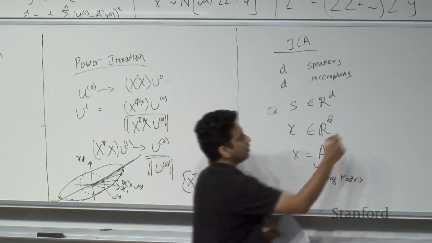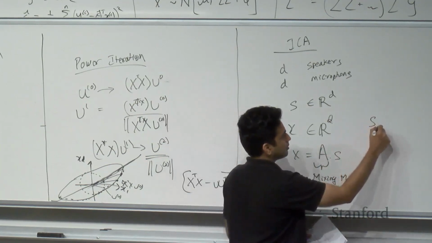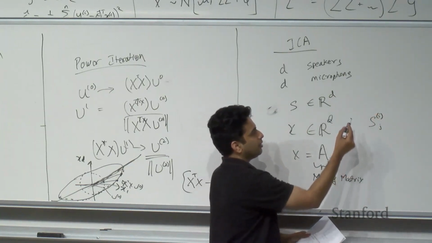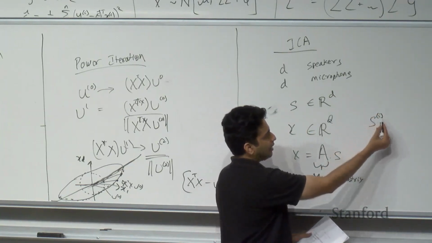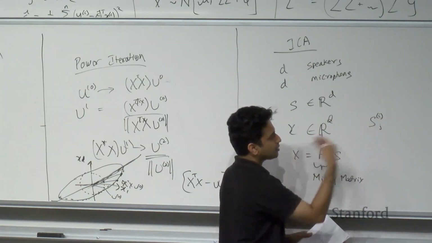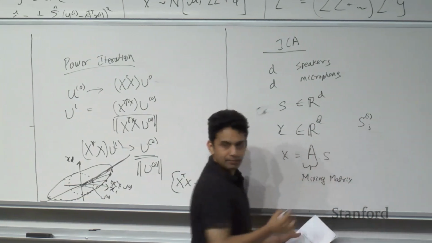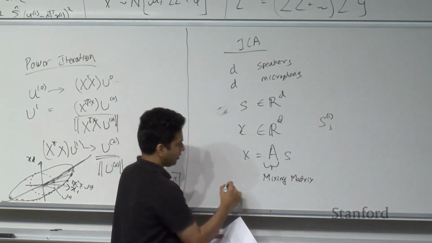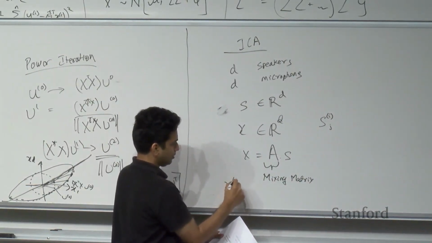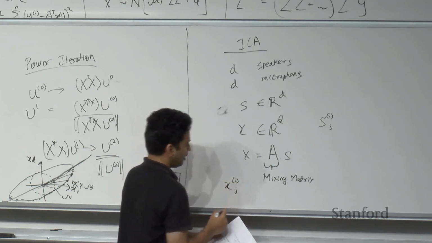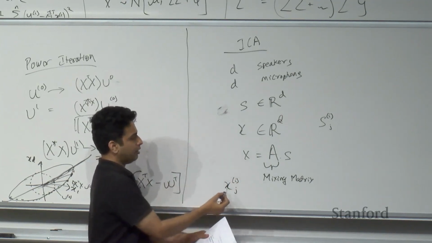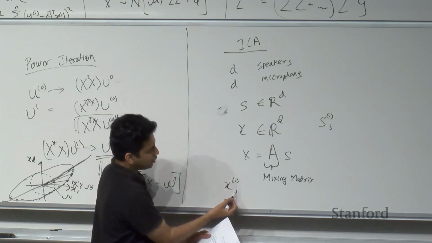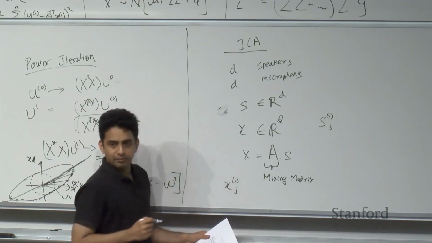So S_ji is the thing that the jth speaker is pronouncing at the ith time, and similarly X_ji is the recording in the jth microphone at the ith time.